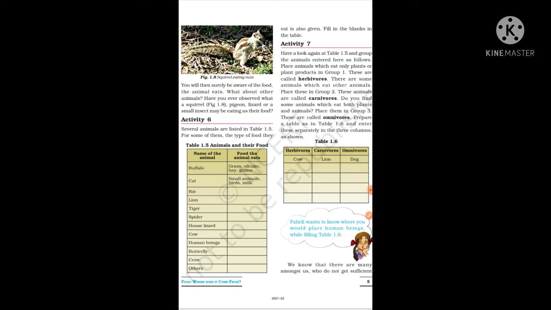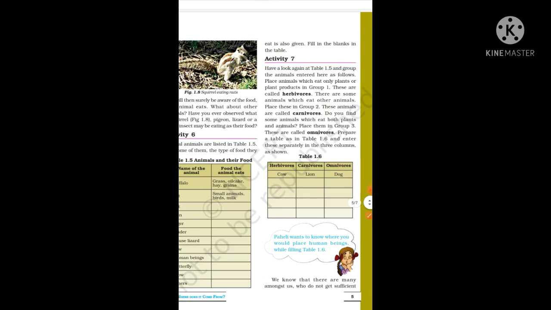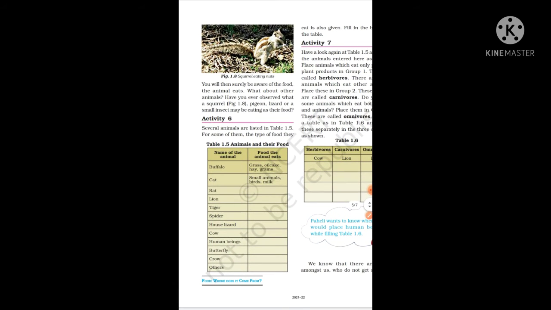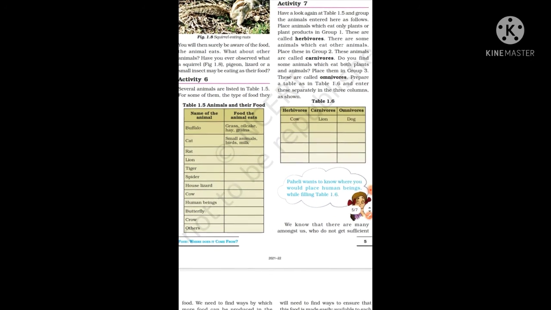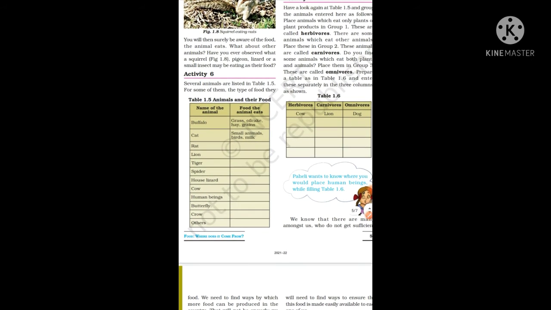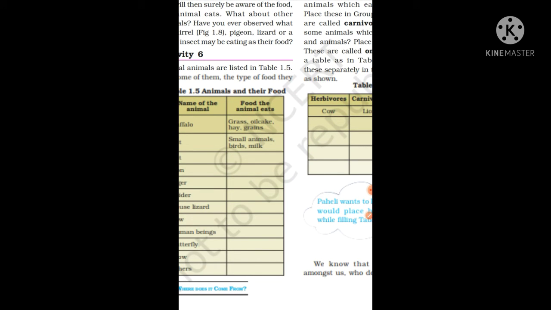Activity 6. Several animals are listed in table 1.5. For some of them, the type of food they eat is also given. Fill in the blanks in the table. So here they have given you food items. Here, see, grass, oil cake, hay, grain.